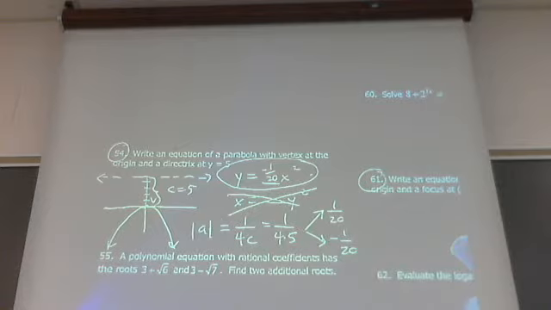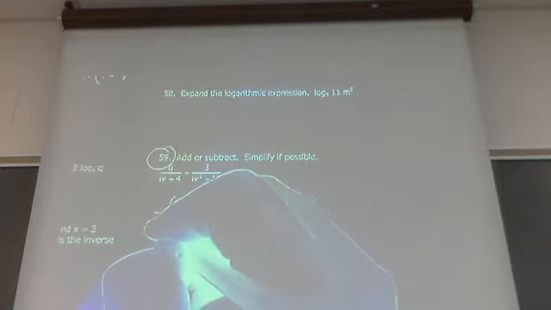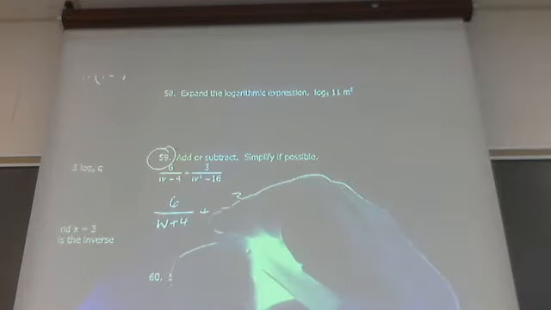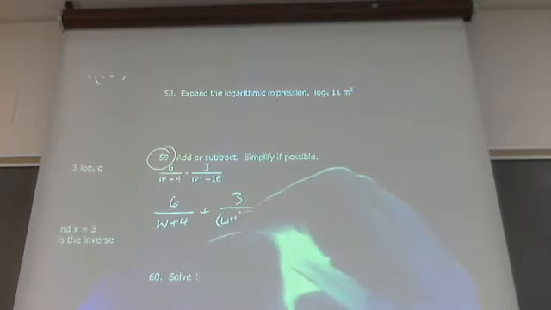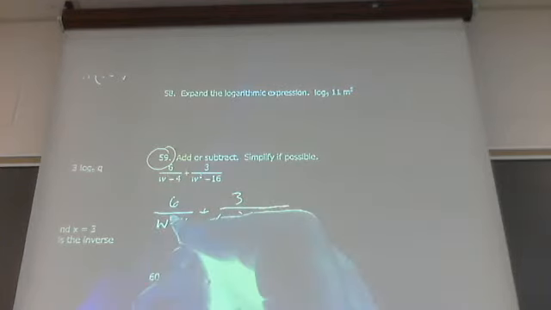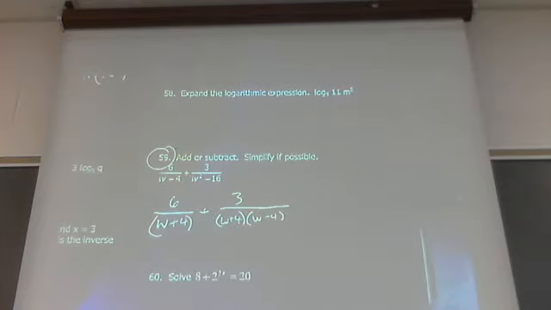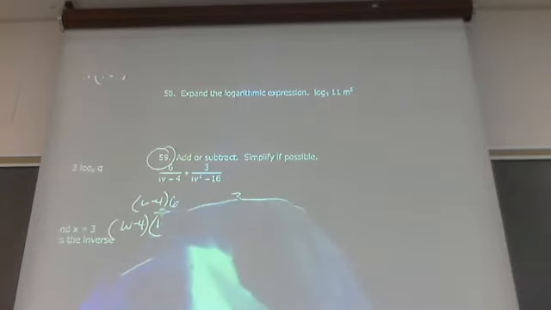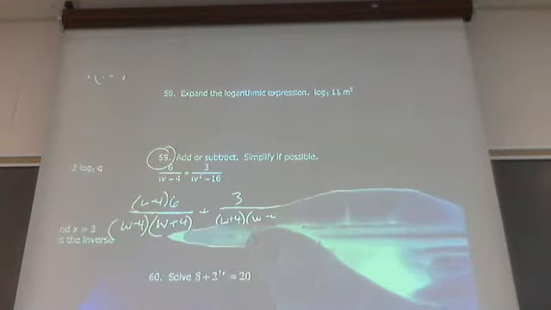Question 59. Well, then it should be easy, shouldn't it? You need to factor your denominators and then ask yourself, what is this denominator missing that the first one has? W minus 4. Well, it already had a W plus 4.